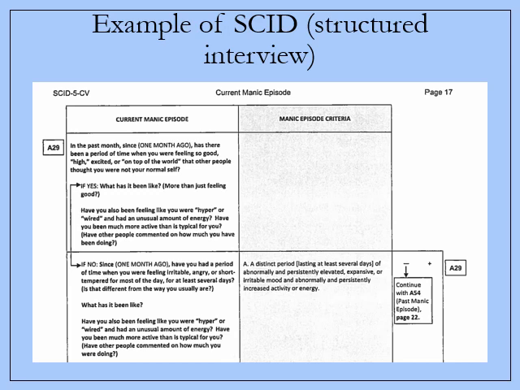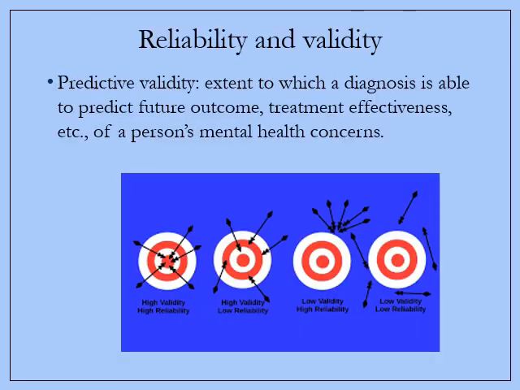And if not, then you have this other query: have you had a period of time where you're feeling irritable, angry, etc.? And if they answer yes to one of these, you circle the little plus sign, and you move on to criterion B of mania. And if they say no to both of these, then you move on to another section, A54, and you assess for past manic episodes. So it's a lot of flipping through pages, but it does lead to more reliable assessment.